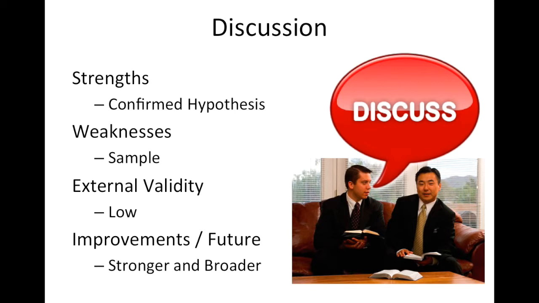As far as weaknesses are concerned, our big weakness is with our sample. As I mentioned before, it was a convenient sample, and it wasn't representative of either BYU or the general college student population, which is the main group that we're trying to get at with the OSI.